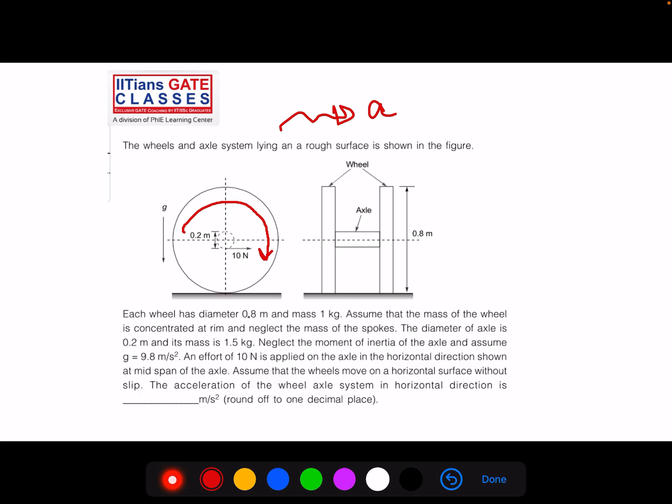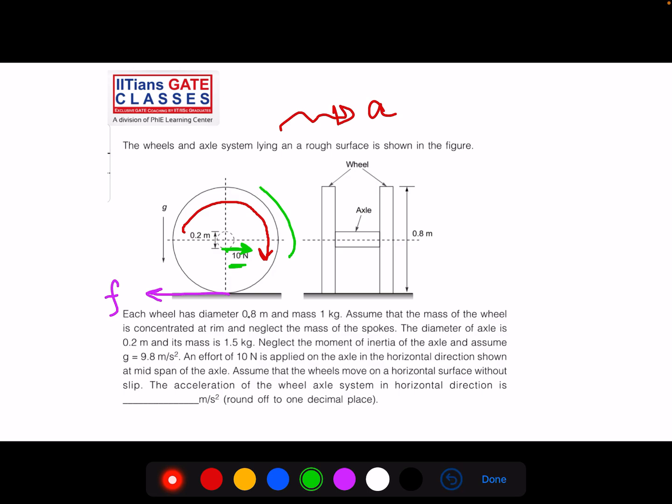So you can very easily see that the friction force is actually helping the rotation, because the frictional force is providing a torque in the same direction as the acceleration, whereas the external force of 10 Newton is providing an anti-clockwise torque, opposite to the direction of acceleration.